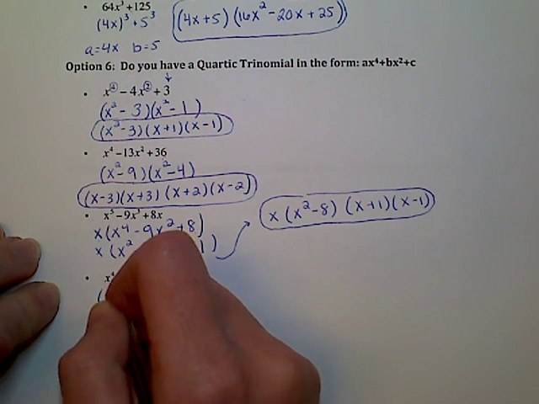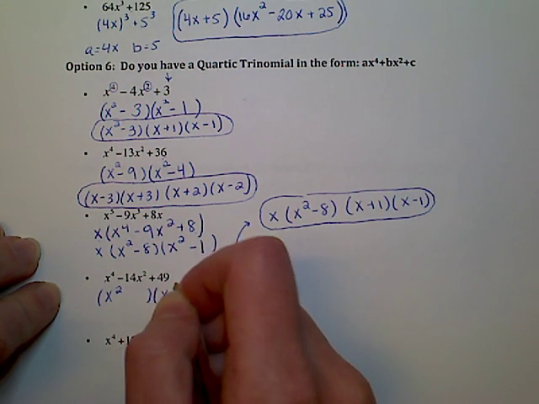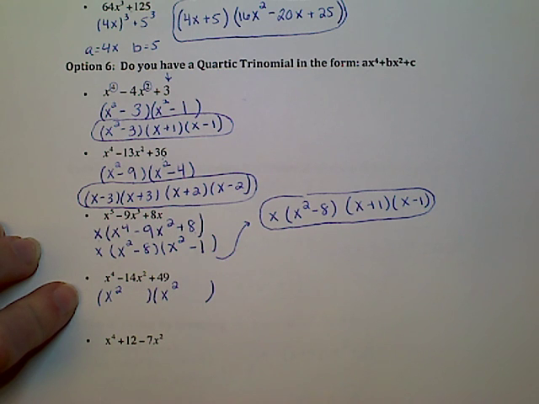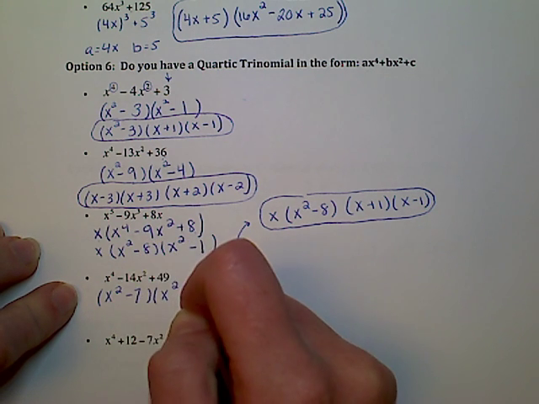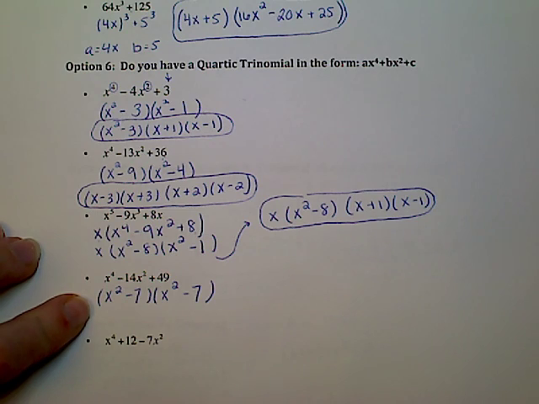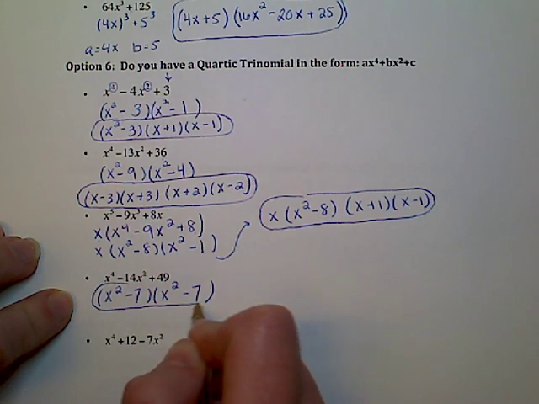Next one's not as bad. Start with the x squared and the x squared. Do a minus 7 and a minus 7, and that one cannot go any further.